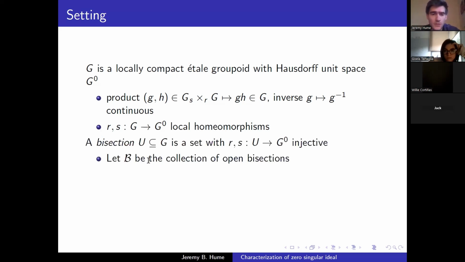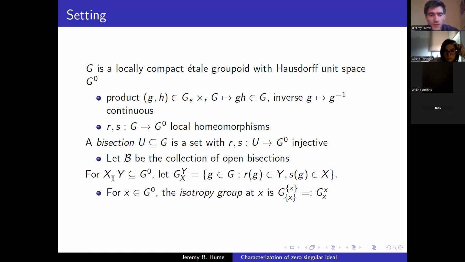Some more notation. We'll call a subset U a bisection if the range and source maps, when restricted to U, are injective. And we'll denote by curly B the collection of open bisections.